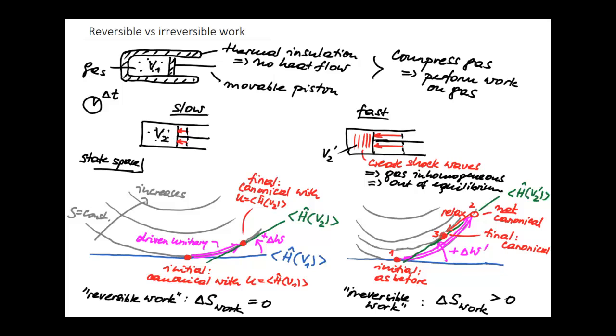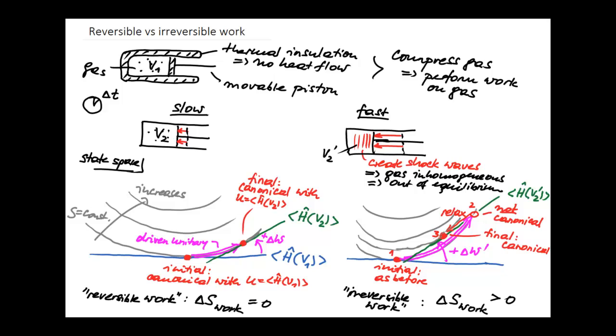And the fast scenario occurs only if the work that you perform and the variation of the control parameter happens on a time scale shorter than this typical relaxation time scale. And then the system is driven out of equilibrium. It doesn't have time to re-equilibrate during all intermediate steps of your process.